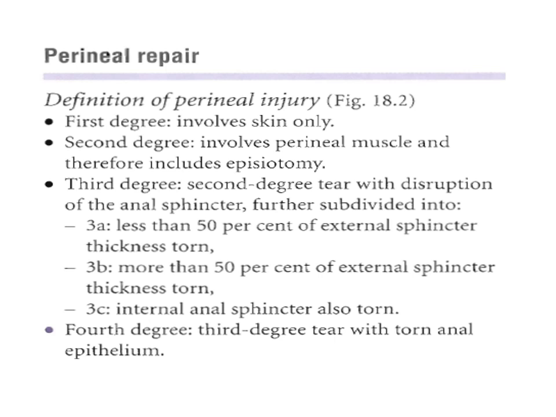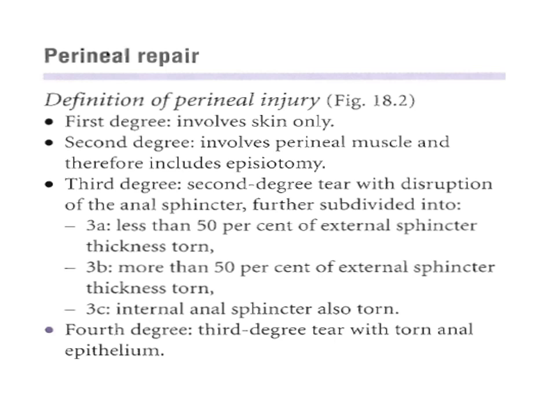And this can be further subdivided into three categories: A, B, and C. 3A is when less than 50% of the external sphincter is torn, while 3B is when more than 50% of the external sphincter thickness is torn, while 3C is when the internal anal sphincter is also torn.